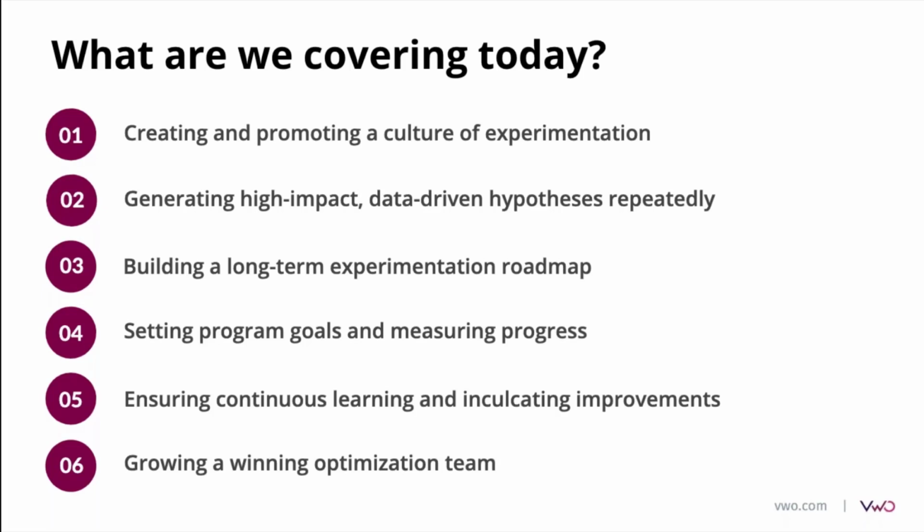It goes from creating a culture of experimentation, to continually generating high impact data-driven hypotheses, to building a long-term experimentation roadmap, and going forward to how you can bind that all up and keep the momentum of success going, and then how you grow your conversion optimization team to ensure that you have all the elements in place to take your conversion optimization program from X to 10X.